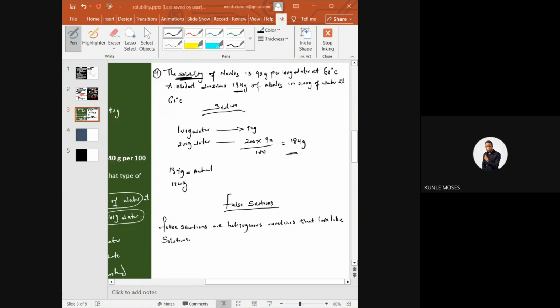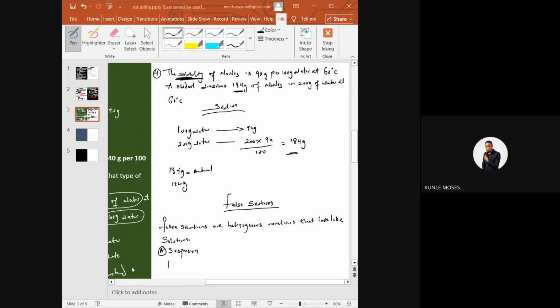So we have different types of false solution. The first one is suspension. I will give you a table very soon after this note. I want you to read it and cram it, because everything JAMB will be asking under false solution is in that table. What are the properties of suspensions? Number one, large particles.